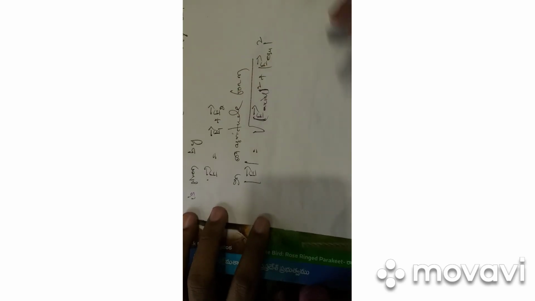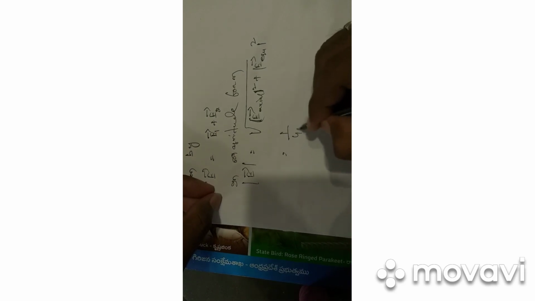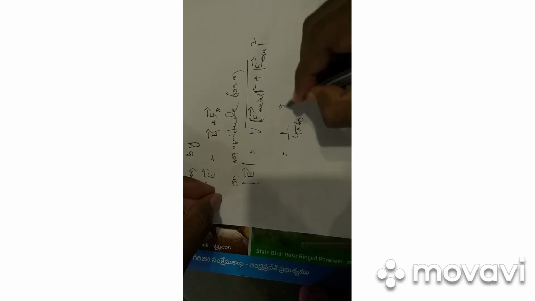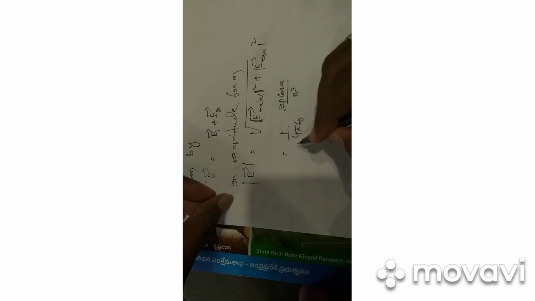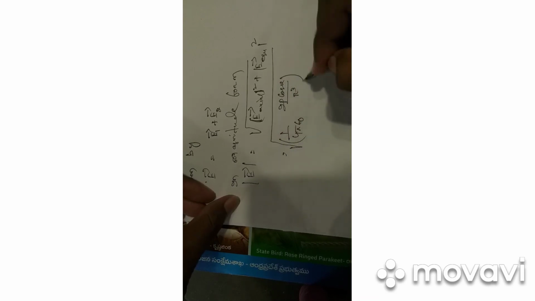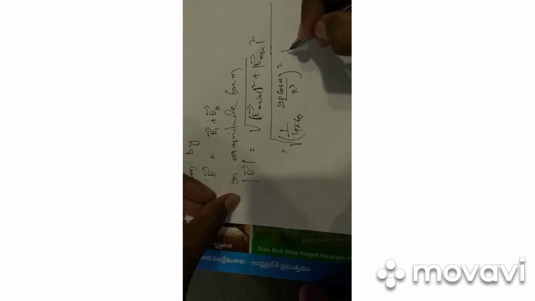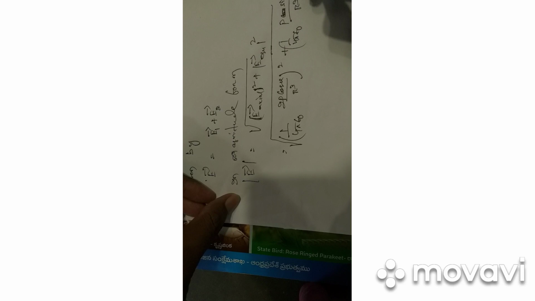So here we write 1 by 4 pi epsilon 0 2p cos theta by r cube whole square plus 1 by 4 pi epsilon 0 p sin theta by r cube whole square.